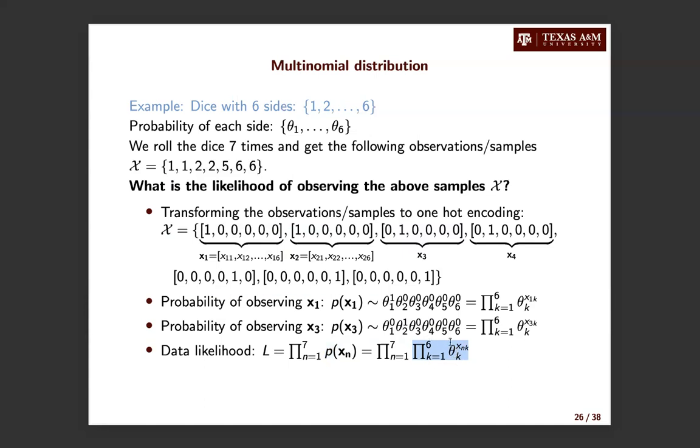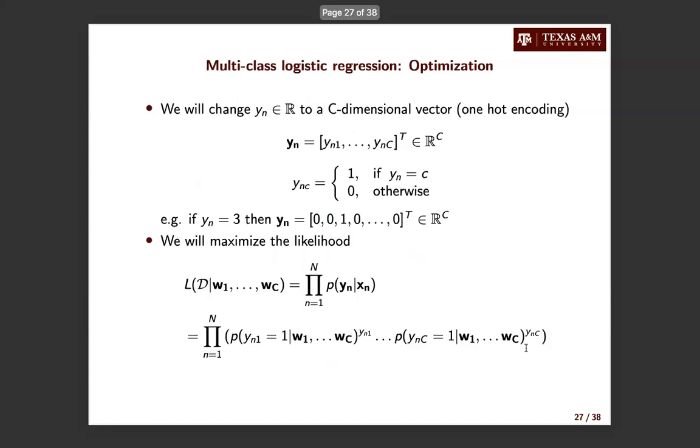So this results in just multiplying the theta that corresponds to the outcome of that specific observation. Now, similarly, if we use that specific logic and the one-hot encoding technique for our multi-class logistic regression, we can change the outcome of the regression, which used to be a number from 1 to C, to a vector that has C elements and also contains this one-hot encoding data.